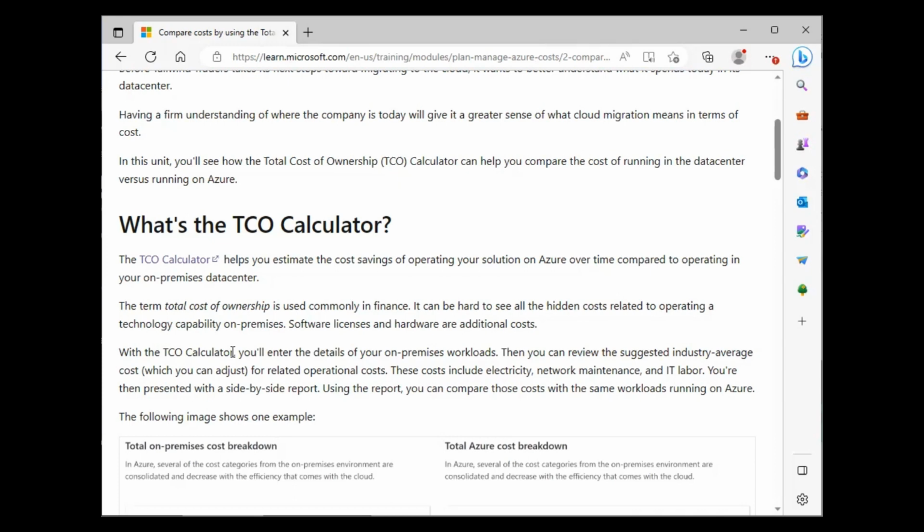Then you can review the suggested industry average costs, which you can adjust for related operational costs. These costs include electricity, network maintenance, and IT labor. You're then presented with a side-by-side report. Using the report, you can compare those costs with the same workloads running on Azure. The following image shows one example.